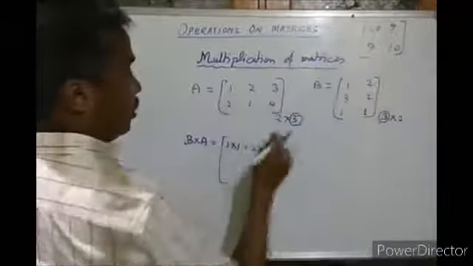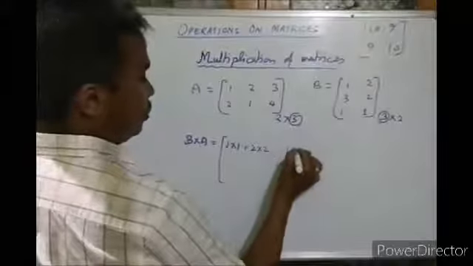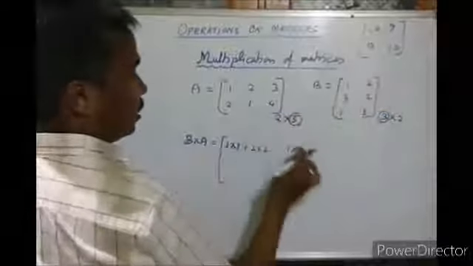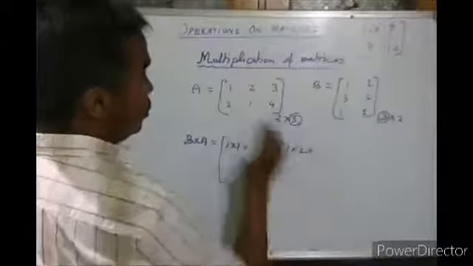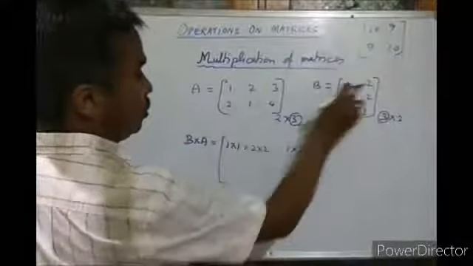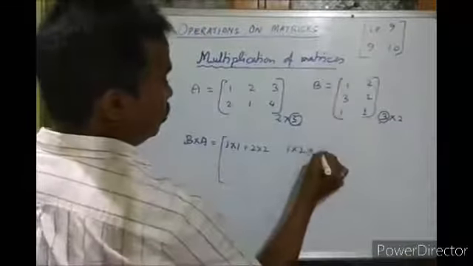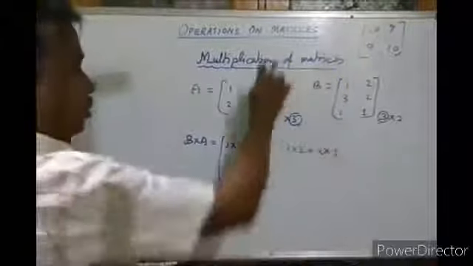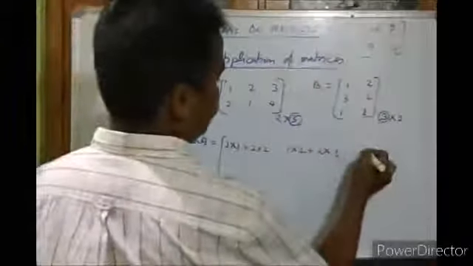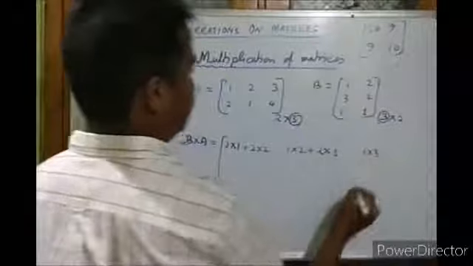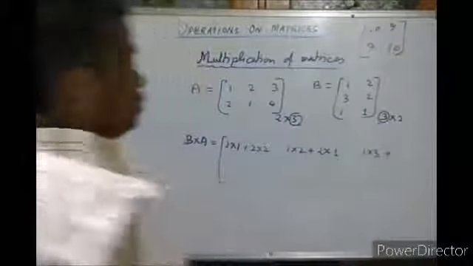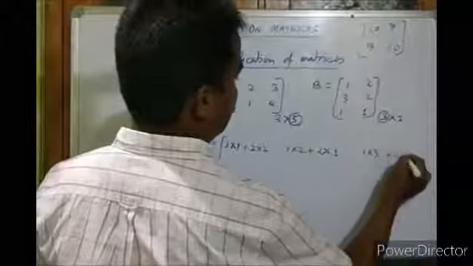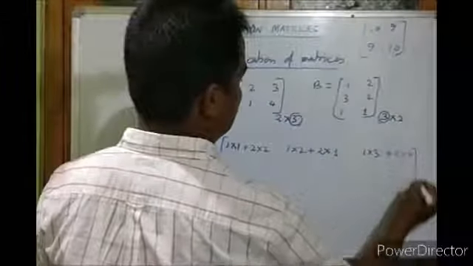First row into second column: 1 into 2 plus 2 into 1. Then first row into third column: 1 into 3 plus 2 into 4.